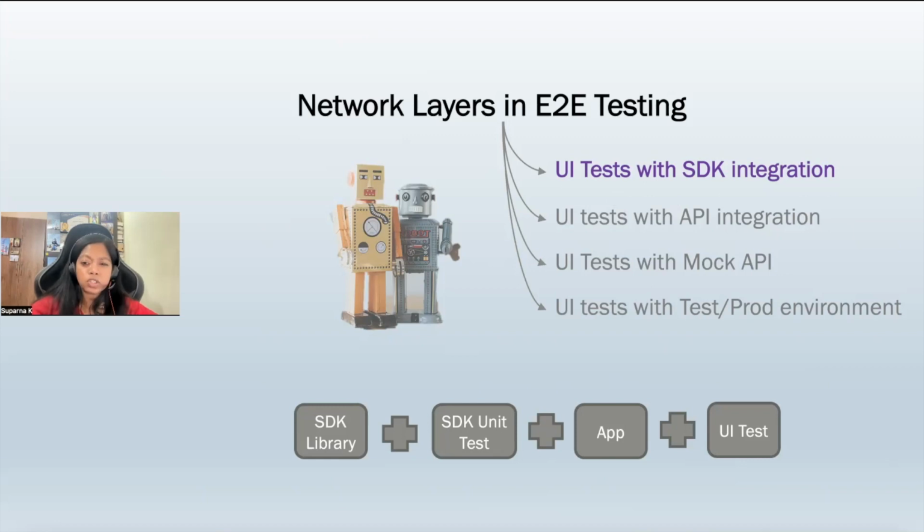This approach is very rarely followed, however, it is equally as efficient as using a mock API. Now, what happens here is that we make use of an SDK library. This SDK library comes into the picture only when your app is built with another framework or library.